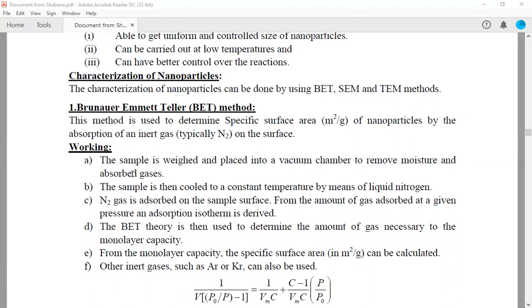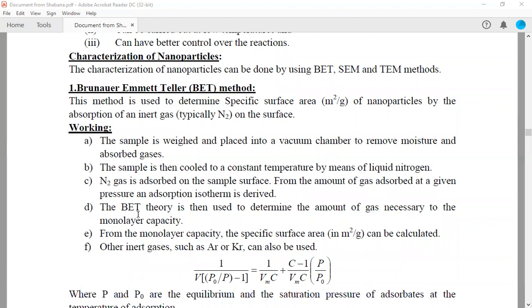After that, the nitrogen gas is adsorbed on the surface. Adsorption is a surface phenomenon, so the gas gets adsorbed only on the surface of the sample. From the amount of gas adsorbed at a given pressure, an adsorption isotherm is derived. This BET method is used to determine the amount of gas necessary for the monolayer capacity.